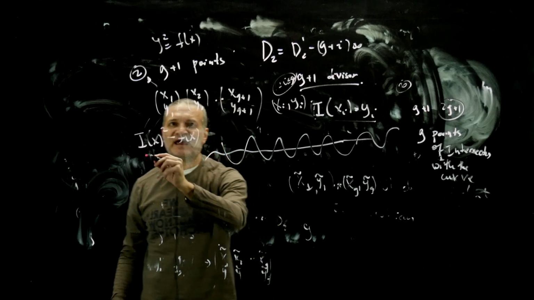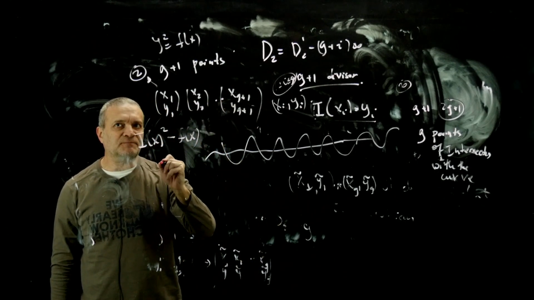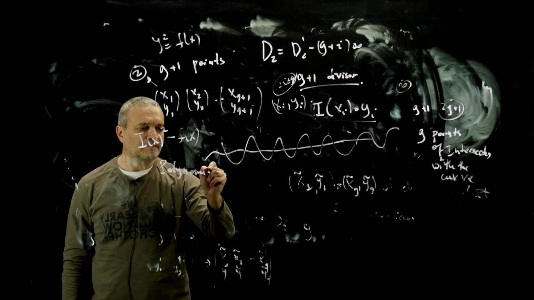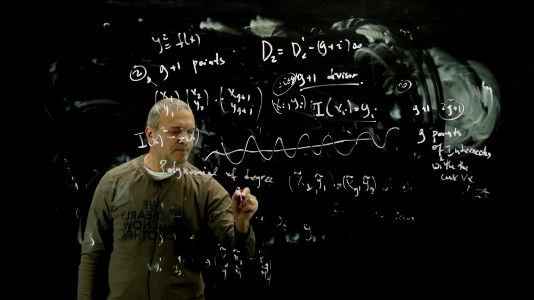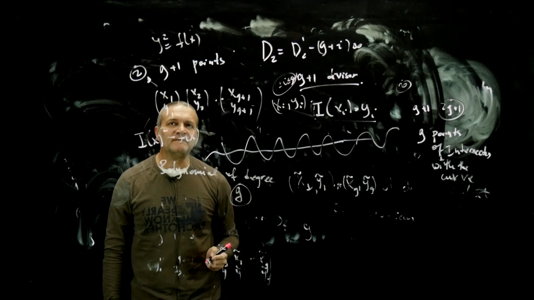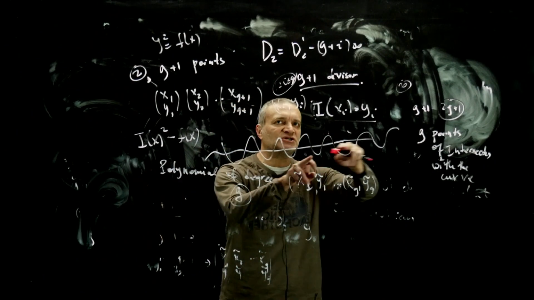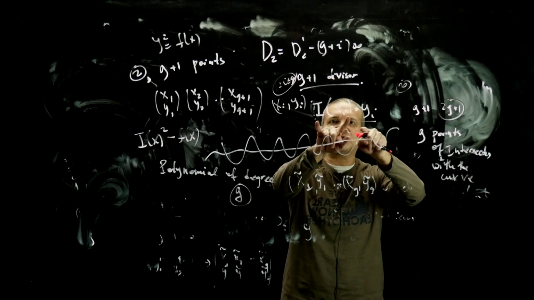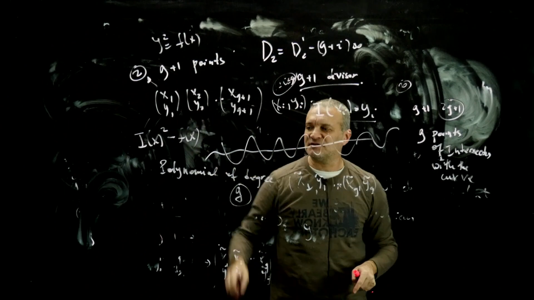And when you divide, and we will talk about division in a moment, you're getting a polynomial of degree g. Okay? And the roots of this polynomial are going to be the additional g intersection points that you see for this interpolation polynomial with this curve, which is given by this.